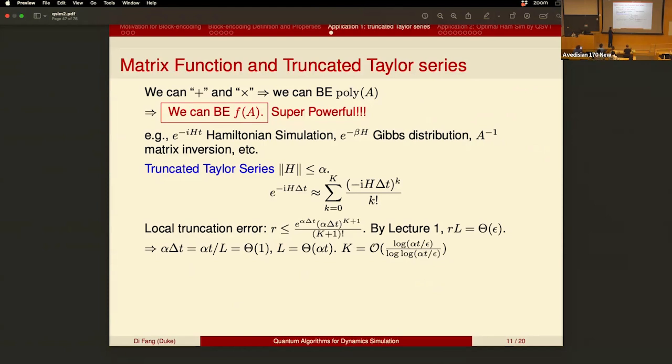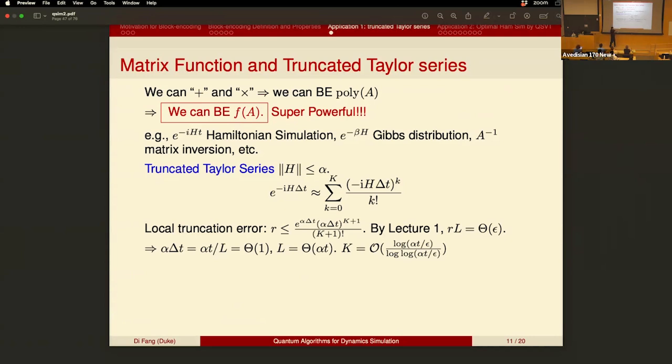And then you have this freedom to choose k, which gives you that k can be in this log manner. This is what you do in each of the short time steps. And this L tells us how many time steps we need in total, L time steps, alpha times t. In each of the time steps, you do an LCU with respect to this many k.